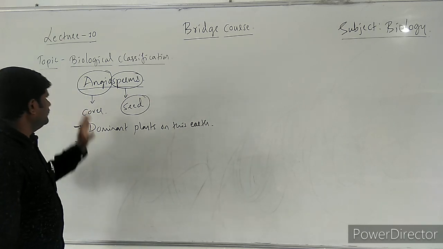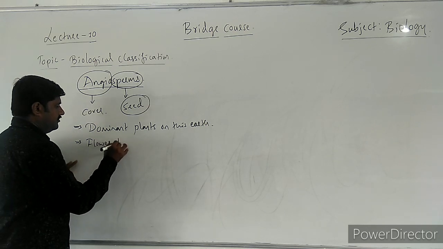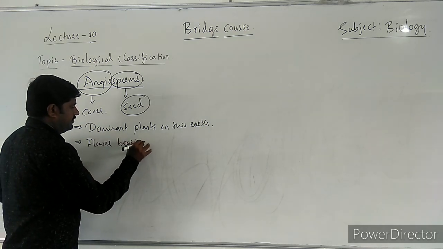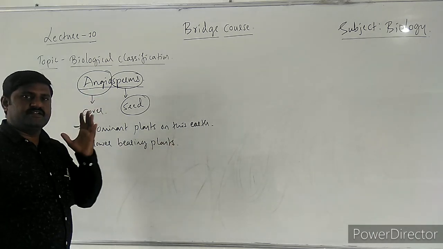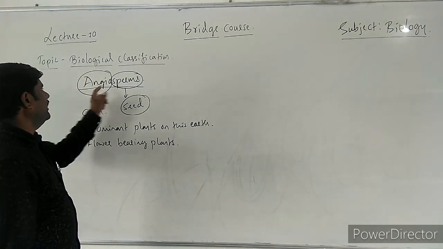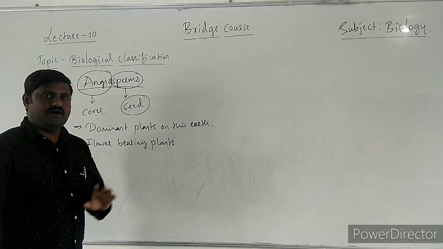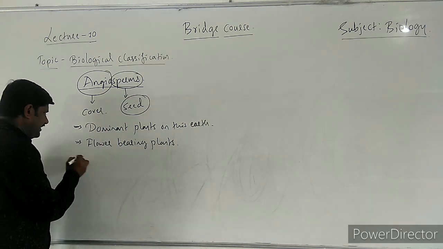So these angiosperms are all flower bearing plants. The plants which bear flowers are the best examples for angiosperms. All the flowering plants are called angiosperms, right?